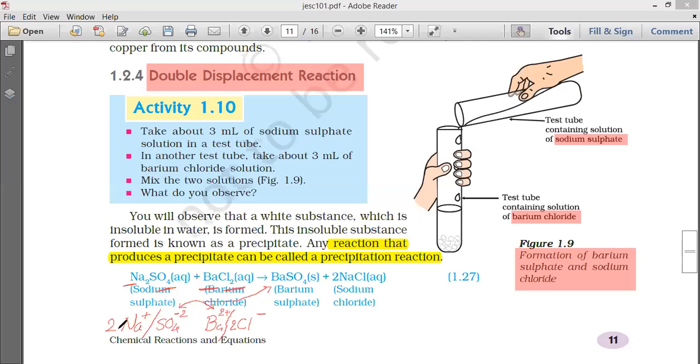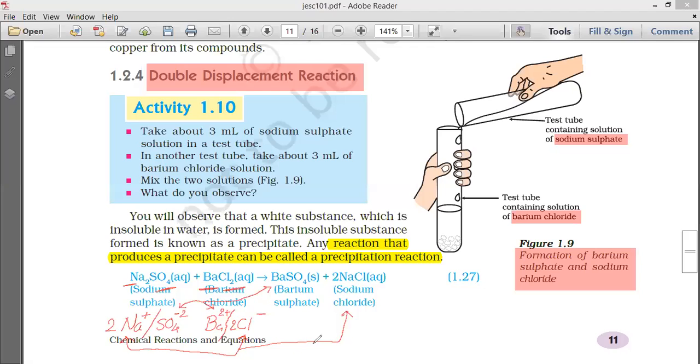Here also we have plus 2 and minus, plus ion and minus ion. So now combine this one with this and they become sodium chloride. Okay, do you understand the whole procedure?